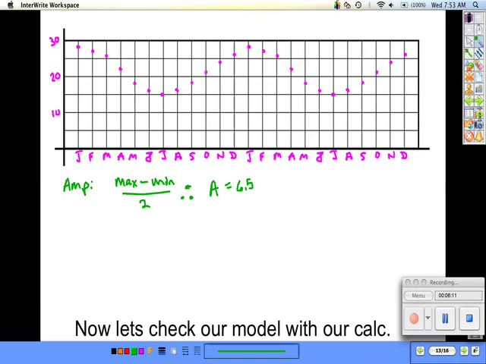For the period, the period here is 12. And we know that has to equal 2 pi divided by b. Therefore, b is pi over 6.